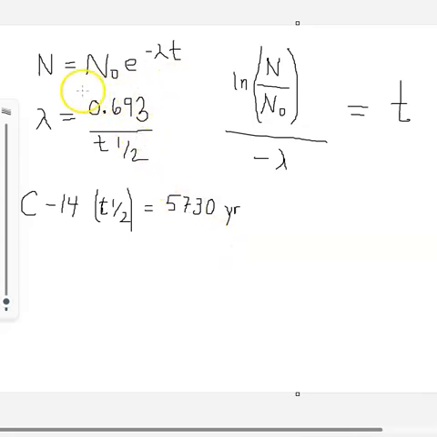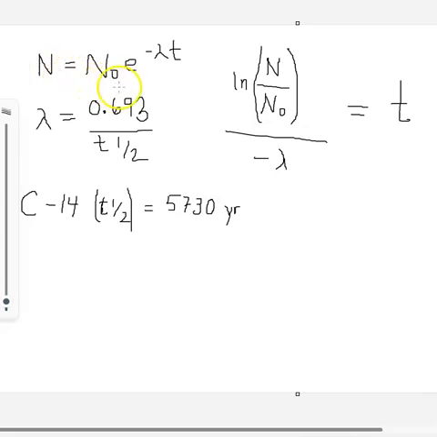And on this picture above here, you can see that I've depicted the key equation for the law of radioactive decay, which is necessary to calculate the age of an object. And in this equation, N is going to be the number of radioactive nuclei remaining at a specific time.